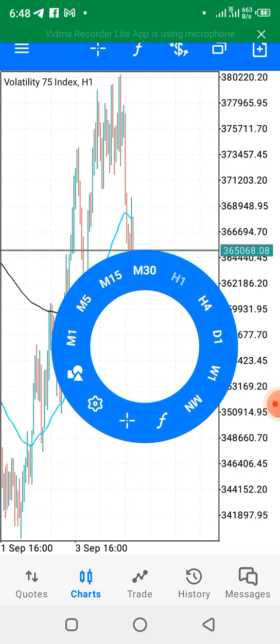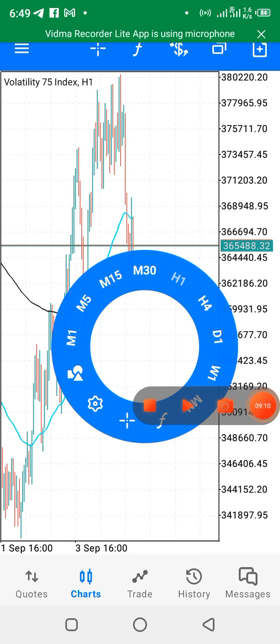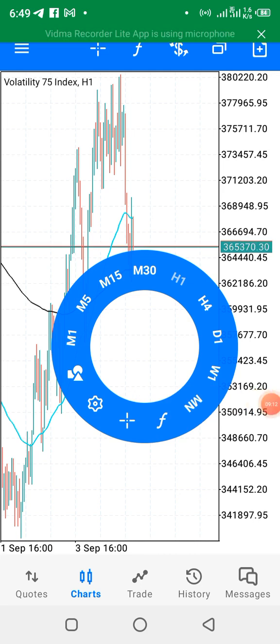You will see M1, M5, M15, M30, H1, H4, D1, W1, MN. All of them are time frames. You can see that H1 is not highlighted because that's the current time frame we are on. If you tap the screen again, it will leave.